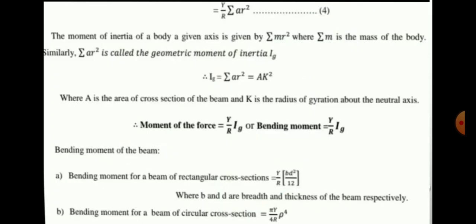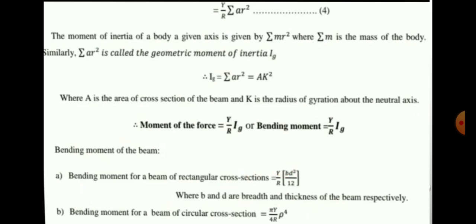Then for the bending moment of the beam, there are two cases: one is a rectangular cross section, another is a circular cross section. These two have different formulas. First, the bending moment for a beam of rectangular cross section is equal to Y by R into (b d square divided by 12), where b and d are the breadth and thickness of the beam respectively.